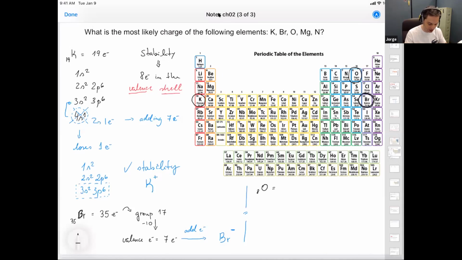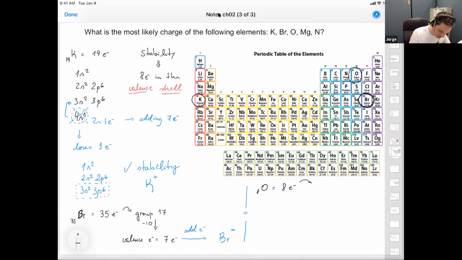Oxygen by itself here is neutral, therefore 8 electrons. Let's determine the number of valence electrons, and I will use my trick to just look at the number that this element belongs to and figure out the number of valence electrons.